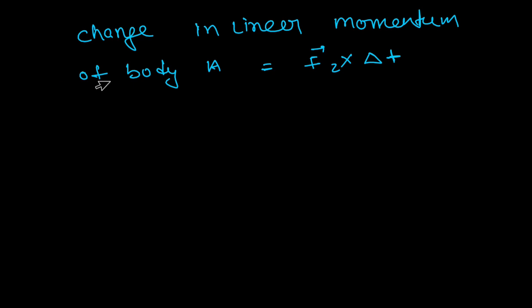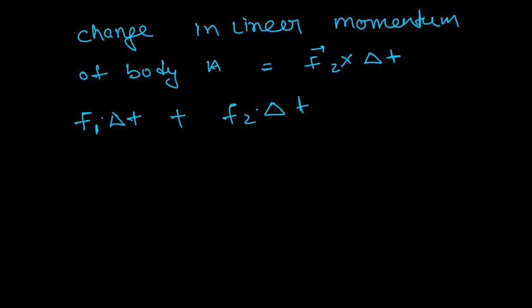So total change of linear momentum during collision is F1 delta t plus F2 delta t.